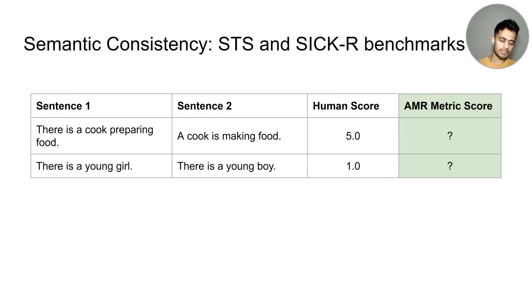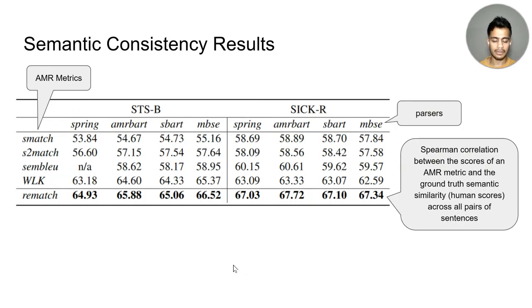The way we do this comparison is we first take these pairs of sentences, we parse AMRs from them, and then we use an AMR metric to compute the similarity between those two AMRs. Now, naturally, we can compare the AMR metric score with the original human score. And here are the results.